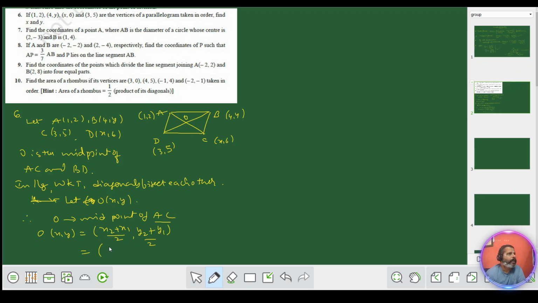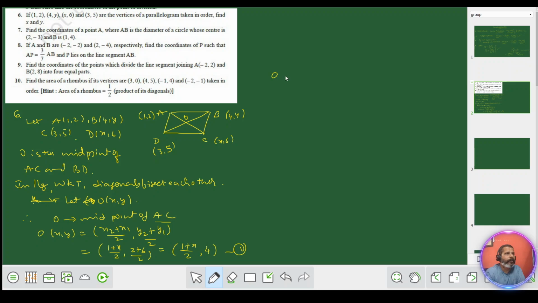That means (1 + x)/2, (2 + 6)/2. That becomes (1 + x)/2, and 2 + 6 is 8, 8 by 2 is 4. We call this 1.